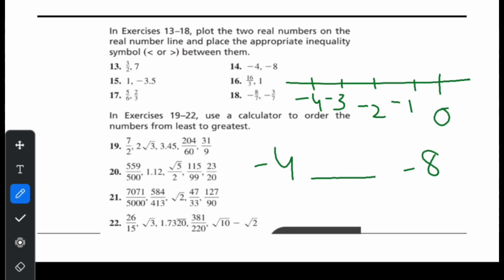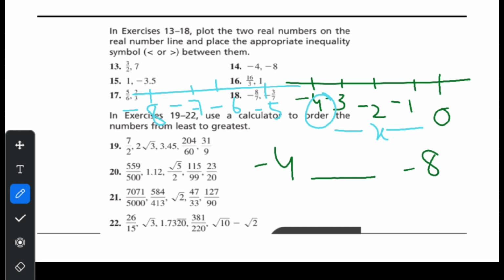So guys, you can see that as we move towards the left, we are heading towards a smaller number, because on the negative number line the number which is away from 0 is smaller and the number which is near 0 is greater. So here you can see that -4 is having a small distance from 0, whereas if I extend this number line and draw more numbers, I'll find that -8 is too far from 0.